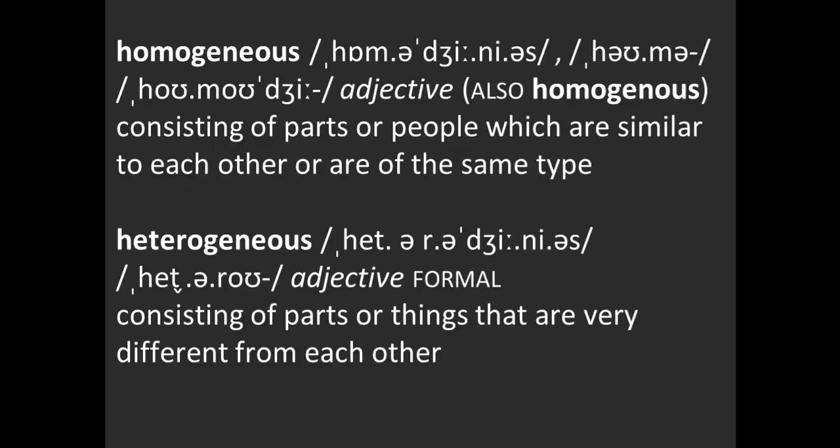Now just see that homogeneous is an adjective, consisting of parts or people which are similar to each other or often of the same type. Heterogeneous is the opposite of homogeneous. It's a formal word meaning consisting of parts or things that are very different from each other.